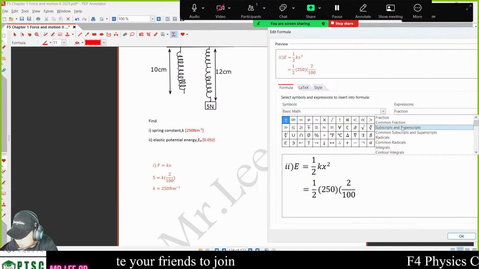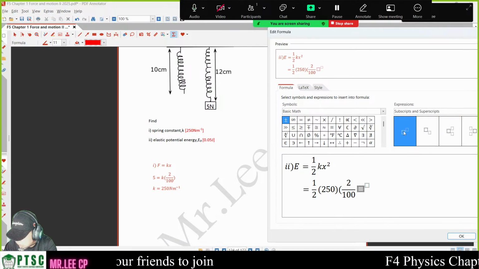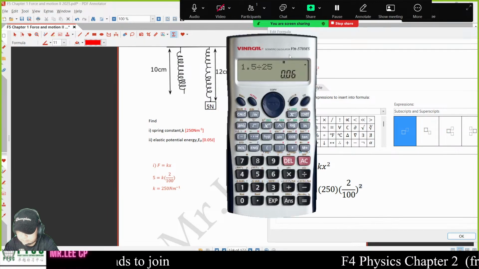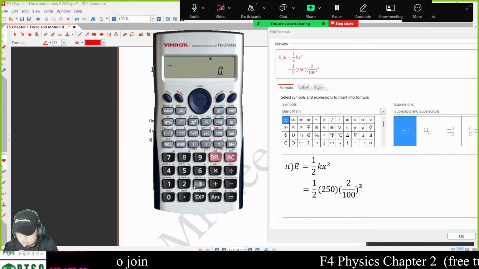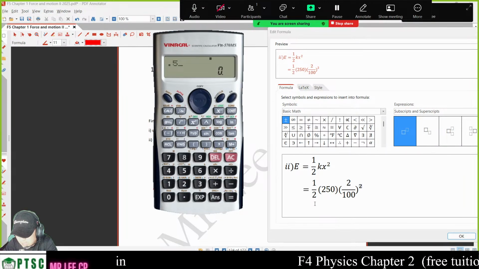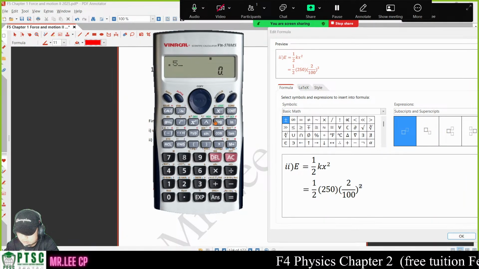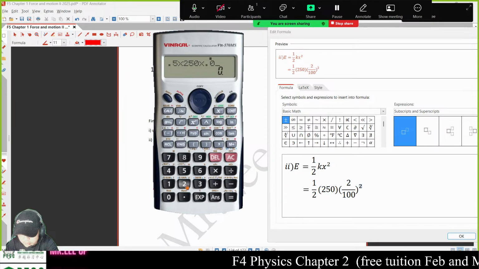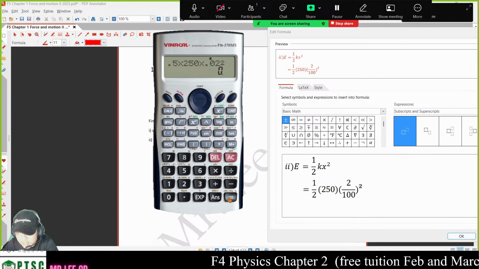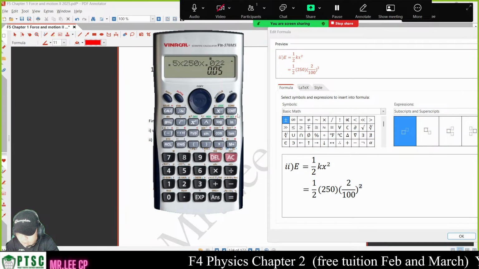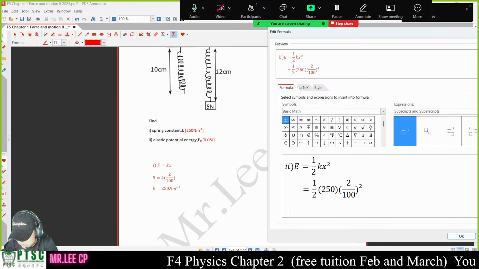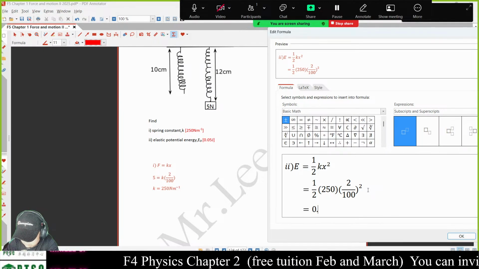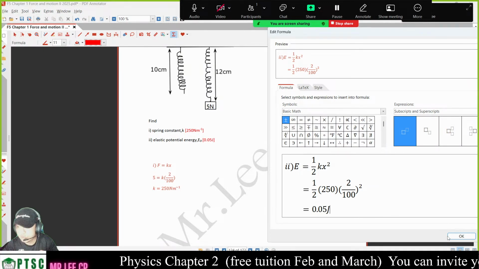So we use 2 divided by 100. Okay, 2 divided by 100, must be in meter square. So now what we have is 0.5. Half is 0.5. Right? I normally use 0.5 times 250 times 0.02 square. So I'll get 0.05, unit joule.